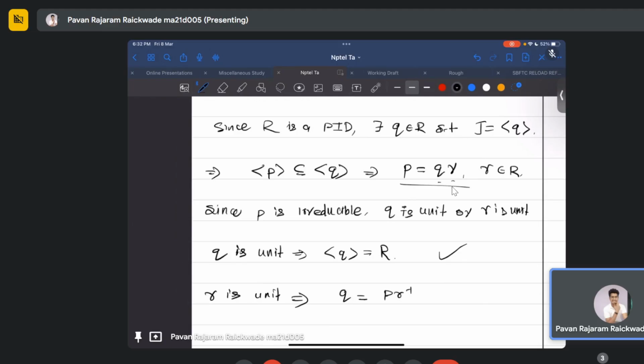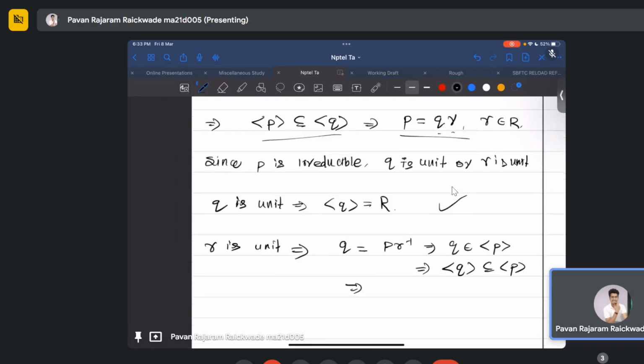From here you just multiply by R inverse on the left side, then you get Q equals P R inverse, which implies Q belongs to the ideal generated by P, and this naturally implies the containment. So you already have P contained in Q, then the ideal generated by P is the same as the ideal generated by Q.